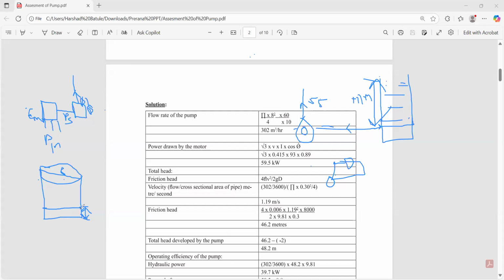Water can be captured in volume, which means you have to calculate the volume of the cylinder. So area into height would be the volume of that tank, right? Area is pi by 4 d square into h. H is 1 meter for that moment. So pi by 4 d square into h, with h as 1 meter, our answer would be 50.24 meter cube.